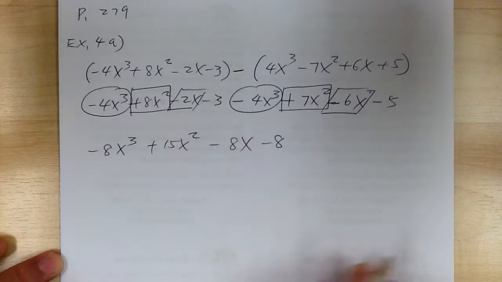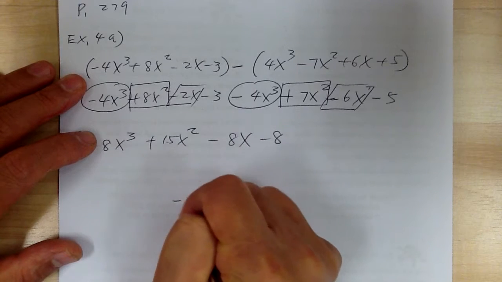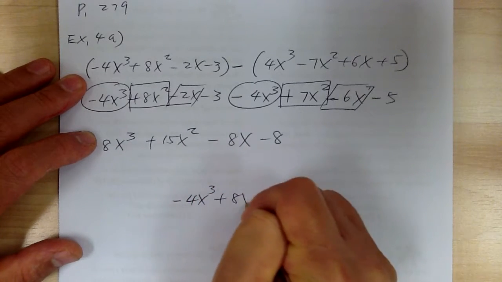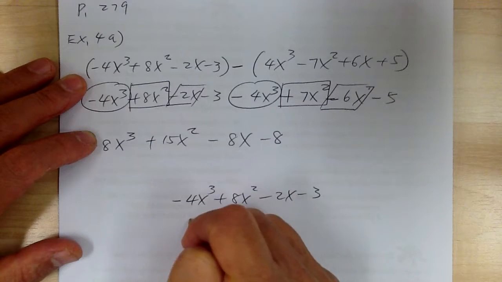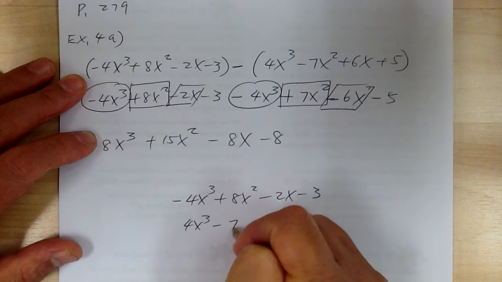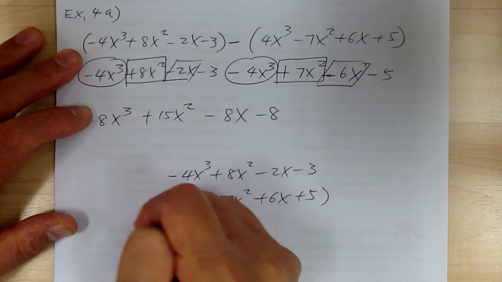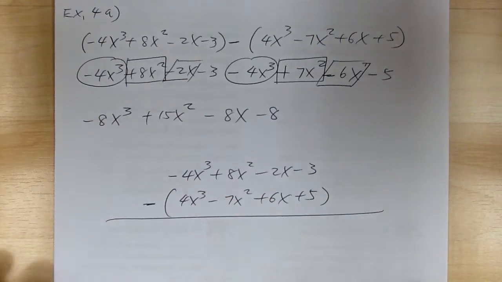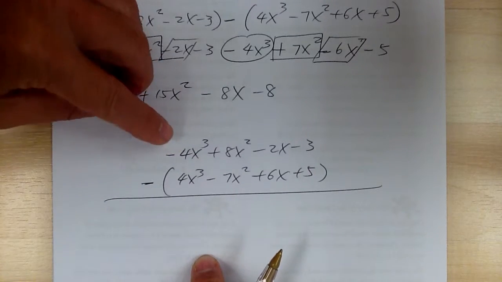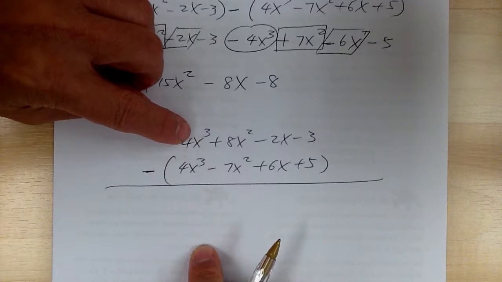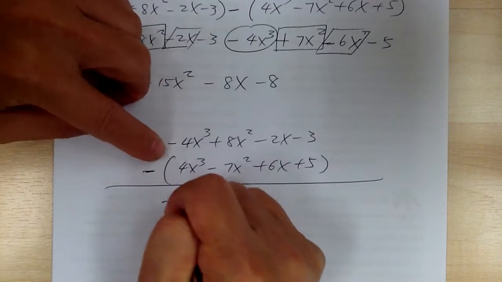Now if you want to do this vertically, if you subtract this from here, this is what you need to do. You have to subtract the whole thing. When you're doing a subtraction, make sure you go through each term. You can use your calculator. Negative 4 minus 4 will give you negative 8.